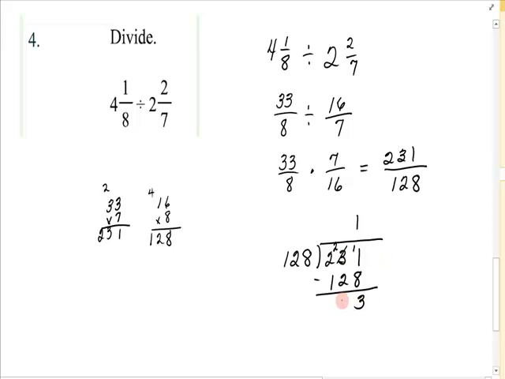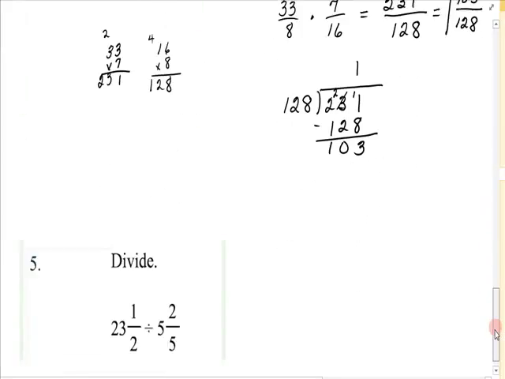I have nothing there, 0, and I have a 1. So this is 1 103 over 128. You're going to have to take your time and be careful with these problems because they do involve multiplication and division of pretty sizable numbers.